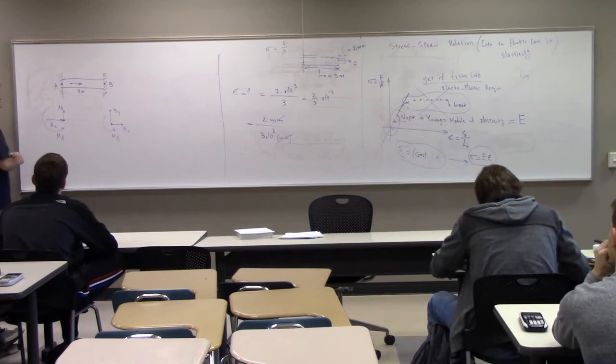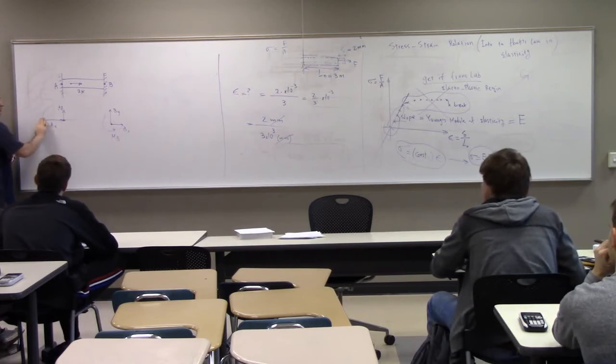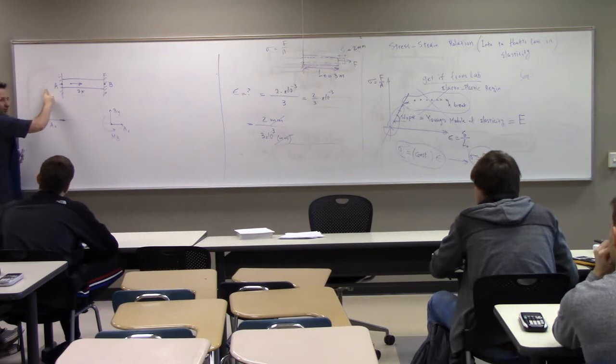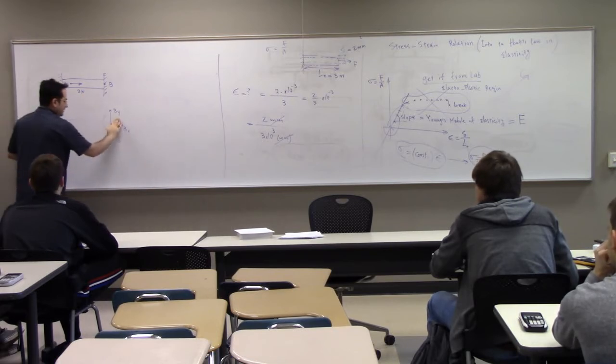So let's get rid of these moments, even though the actual problem is more complicated than that. Because I don't have anything in the Y or any moment, I'll just say the unknowns are actually AX and BX.